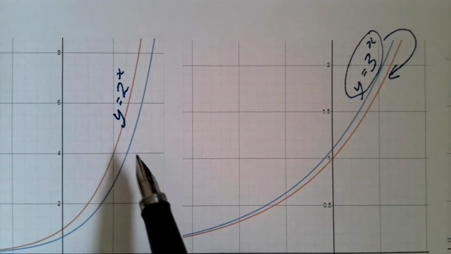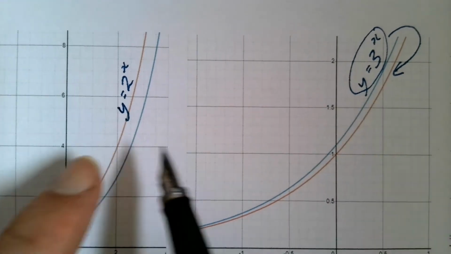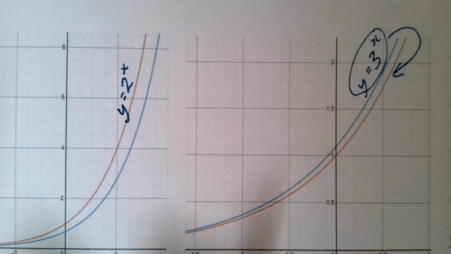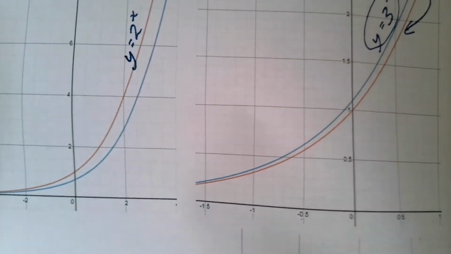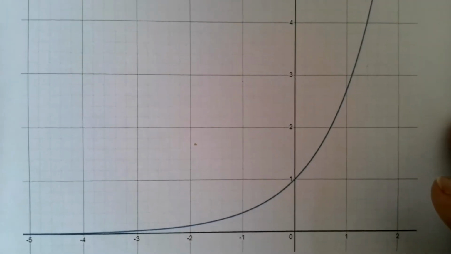So in between 2 and 3, we get to a point where the red line and the blue line match up, and they match up exactly when we get to that special number, e.